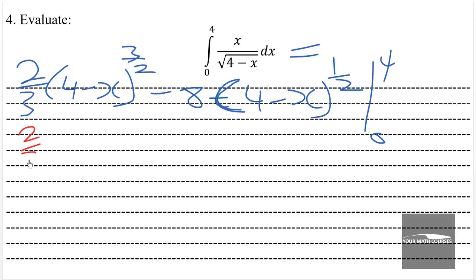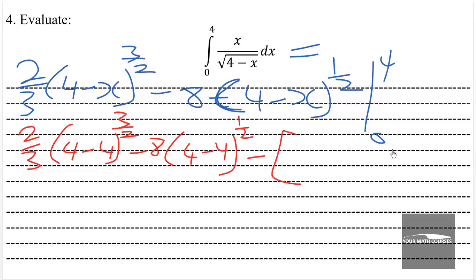So we get 2 over 3 times 4 minus 4 exponent 3 over 2 minus 8 into bracket 4 minus 4 exponent 1 over 2, minus, now we plug in 0, so 2 over 3 times 4 minus 0 exponent 3 over 2. Then we have minus 8 times 4 minus 0 exponent 1 over 2.